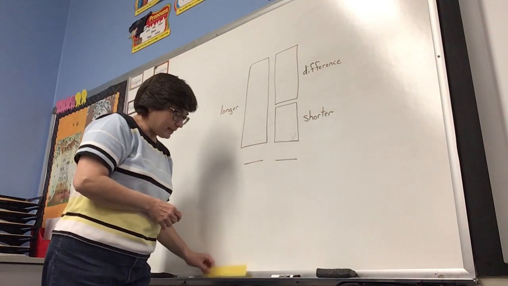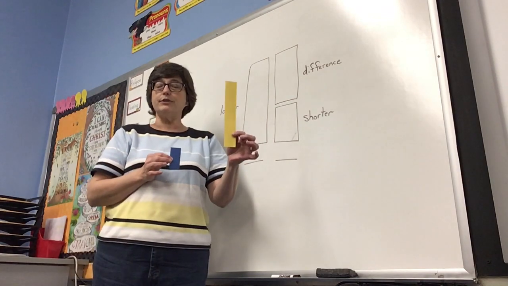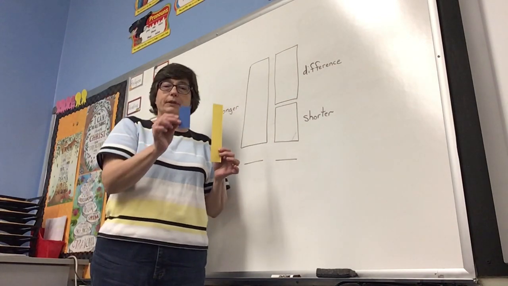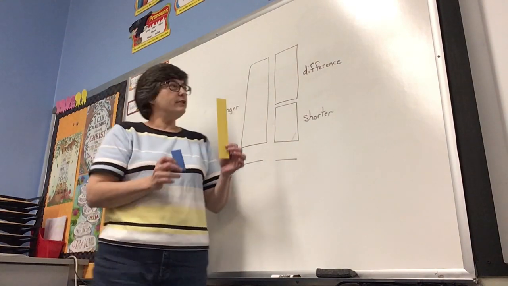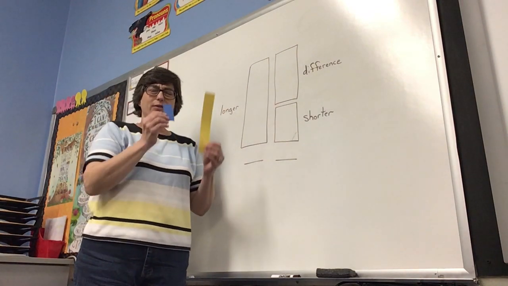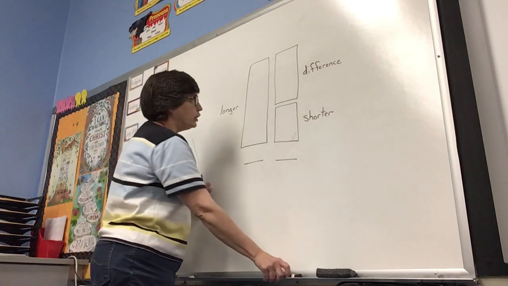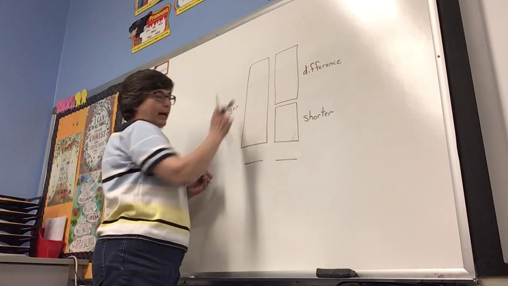Now, in this first example, I have two strips of paper, okay? I have a yellow strip of paper that is 9 inches long, and I have a blue strip of paper that is 3 inches long. Okay, so looking at our little diagram here, how do you think I would do this? Right, my longer one is the yellow one, so I'm going to put that here.